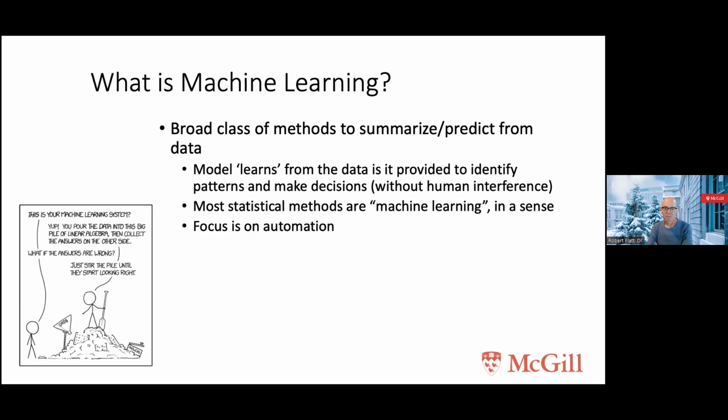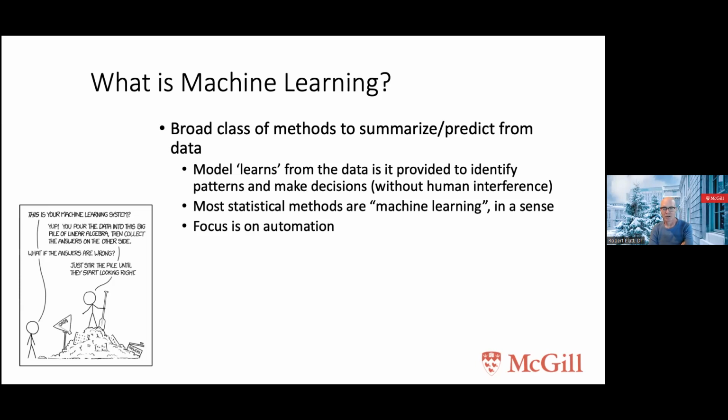And I think it's reasonable to argue that most statistical methods fit this definition. That is, logistic regression with a set of variables. If you don't do variable selection, logistic regression learns from the data it's provided to identify patterns and make decisions about the associations or predictions in the data set.